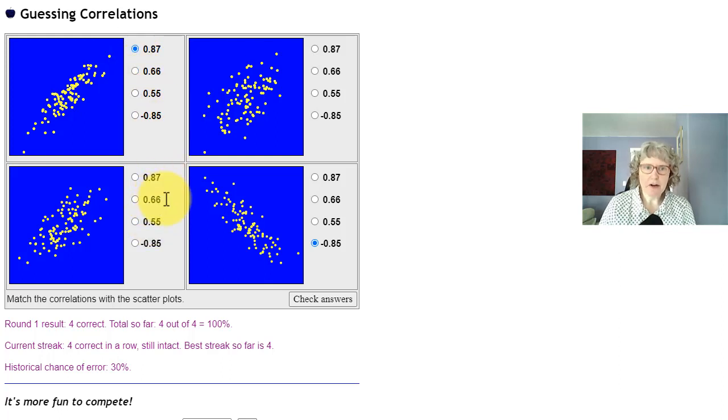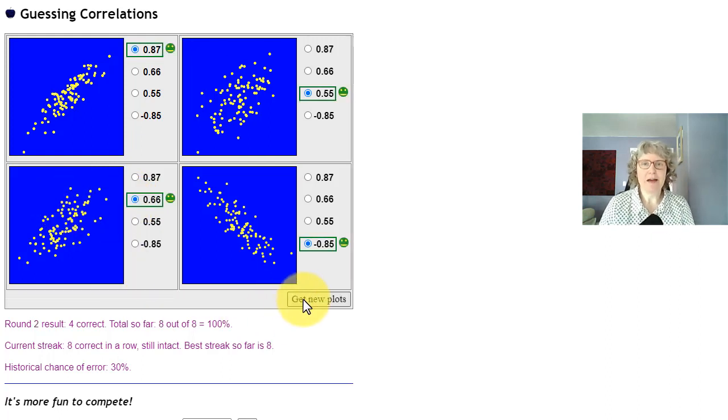So there is a fair difference. To me, the upper right looks a little more spread out. So I'm going to say that's the lower one. Remember, lower, closer to 0 is less strong. And then this looks a little tighter to me, so I'm going to say that's the higher of the two, 0.66. We'll see if I get it right or not. Okay, I did.